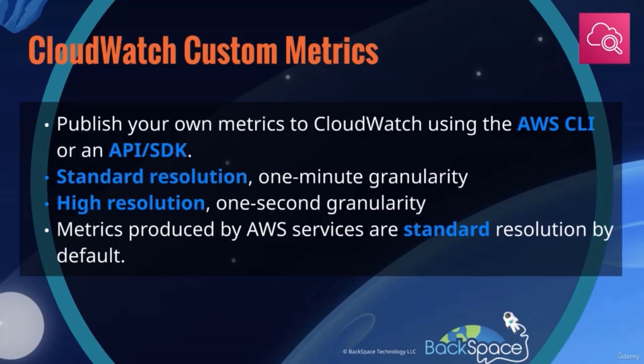There are two options for resolution. You have the standard resolution, which is a 1 minute granularity, so samples will be taken every minute. And you have high resolution, which will be 1 second granularity. Metrics that are automatically produced by AWS services are standard resolution by default.